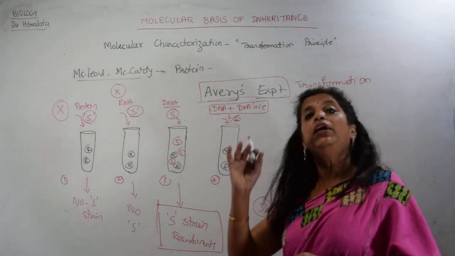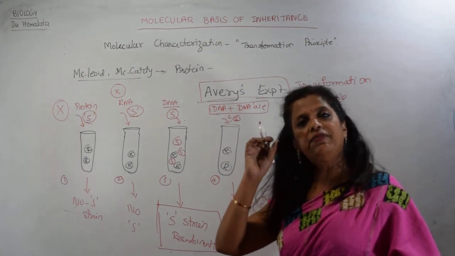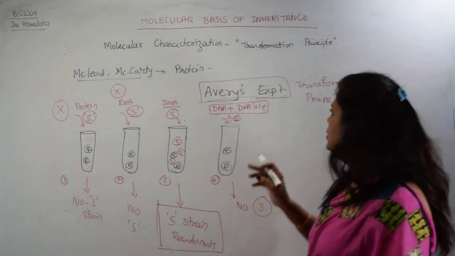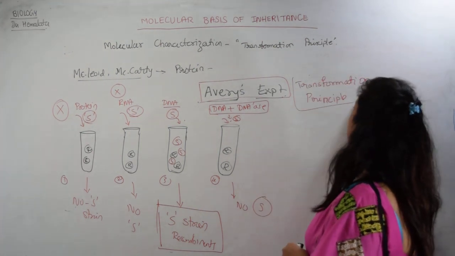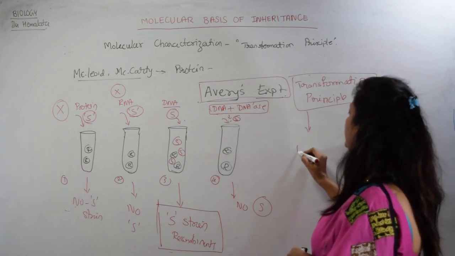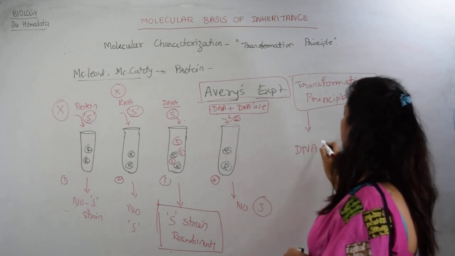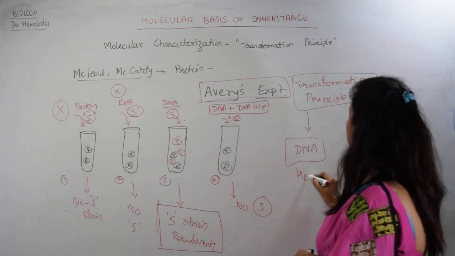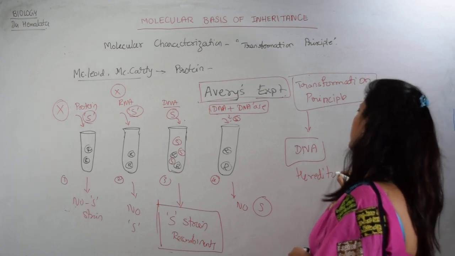There is something which might have transferred, and he gave it the name transformation principle. The answer to the transformation principle given by Griffith is nothing but DNA. Therefore, DNA is the hereditary material.